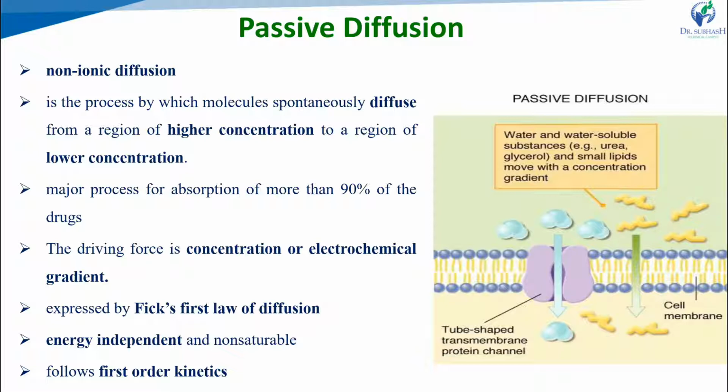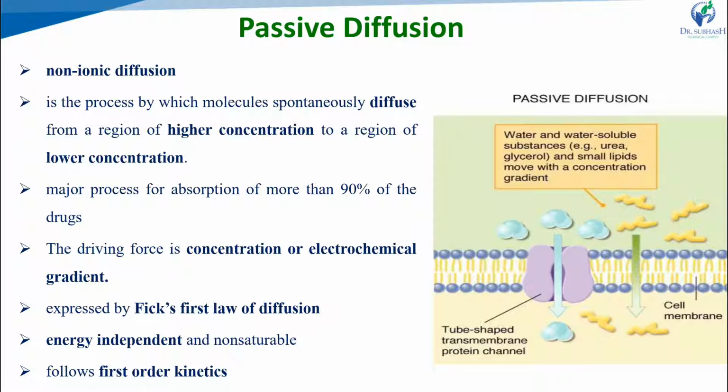Passive diffusion is the process by which molecules migrate or diffuse from the region of higher concentration to the region of lower concentration. Here the driving force for drug absorption is the concentration gradient. Concentration gradient means the difference between the concentrations on either side of the cell membrane.